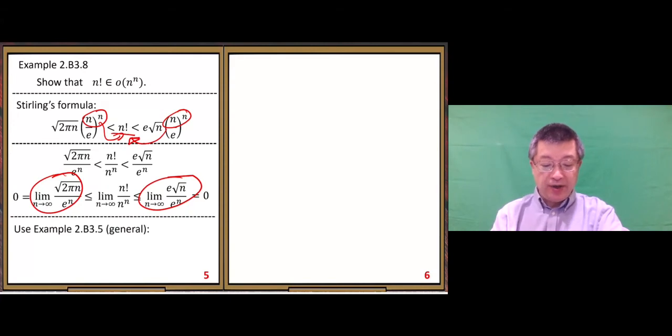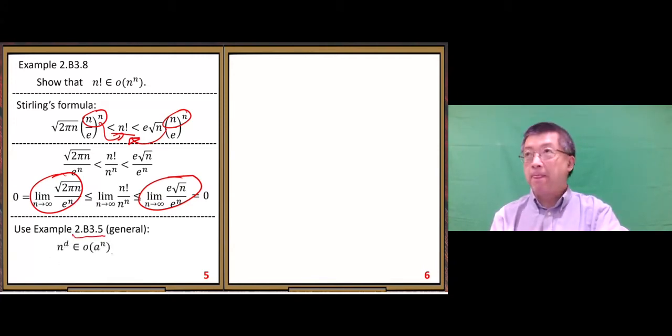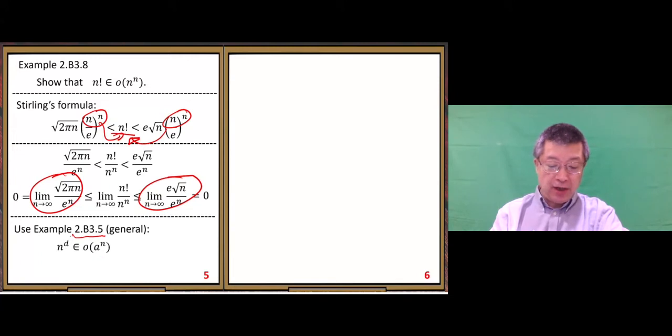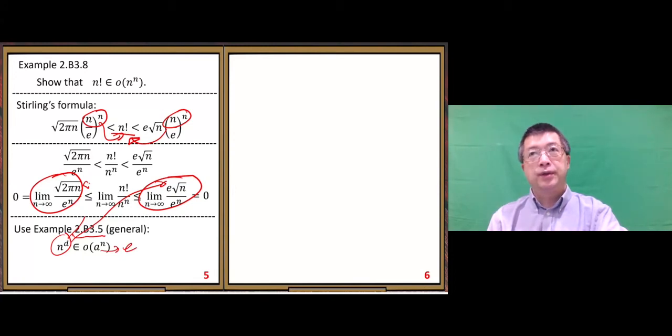Why? If we go back to check our example number 5, we have this, right? N to the d, this power function, d equals 1/2. Little o over a to the nth power, this a equals e, the natural log base.